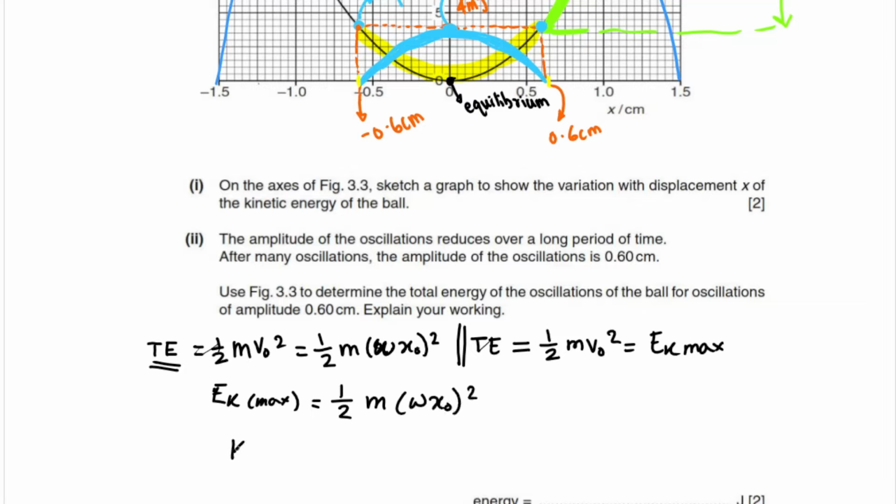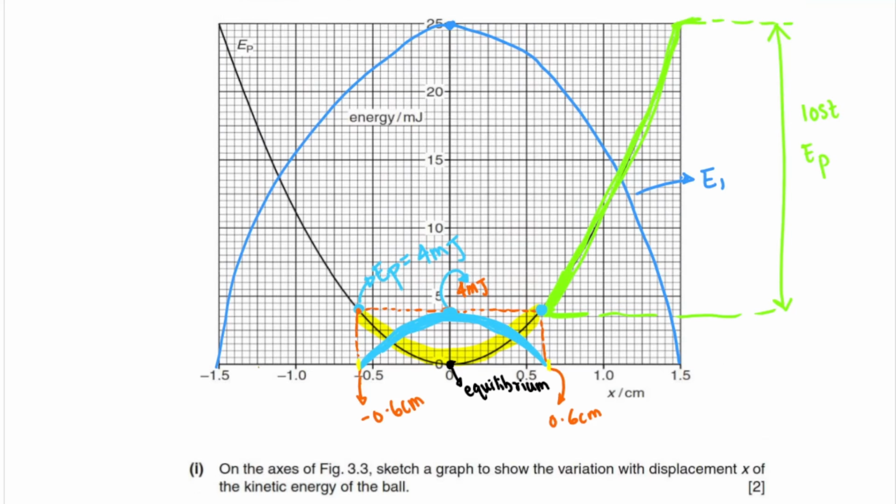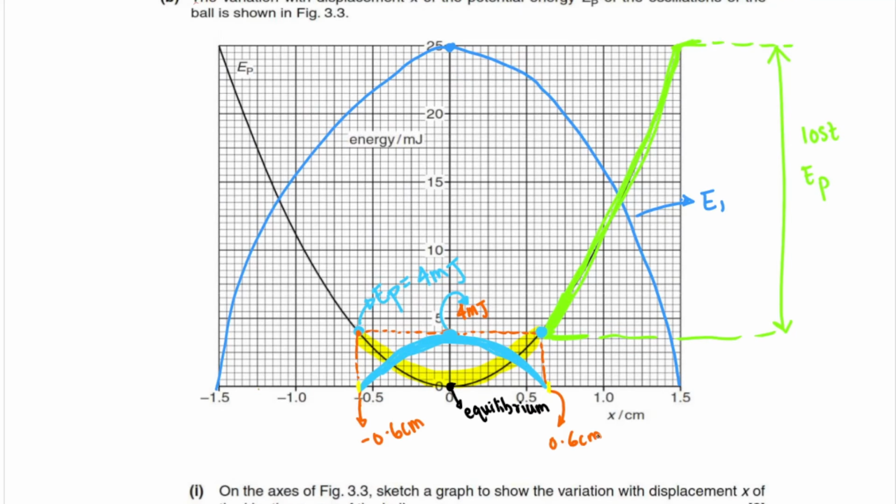So we can say that EK is directly proportional to x naught square, because in this question we are given displacement and the values of kinetic energy and potential energy. So we need to find a basis or a relationship between them so that we can solve these questions faster and easier.